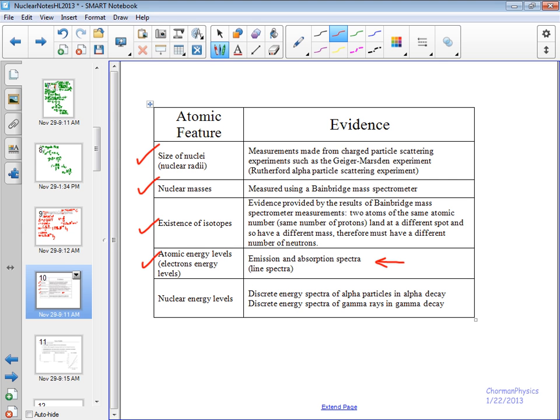We explained why the Bohr model didn't work with the orbits like planets. We talked about isotopes using a mass spec, and in addition, nuclear masses being able to be measured with a mass spectrometer as well. The Geiger-Marsden experiment is a big thing here for understanding the fact that the atom has a nucleus. So understanding all those different evidences for how we know what we know about nuclear physics is required for this chapter.